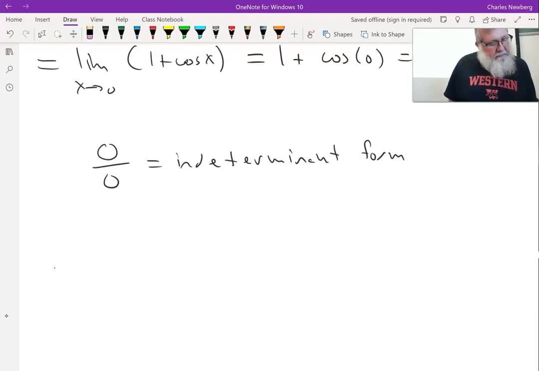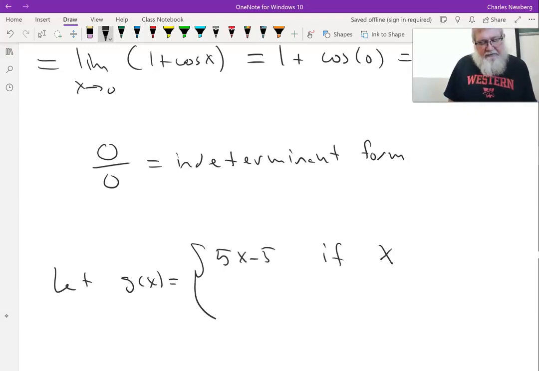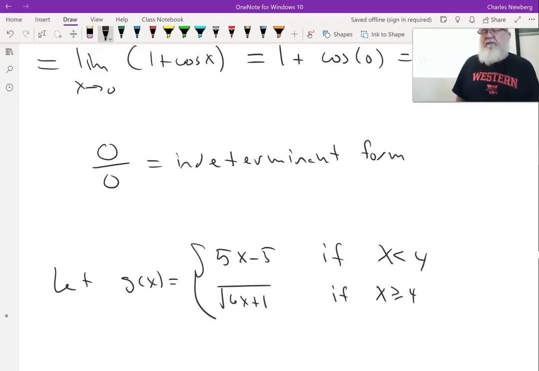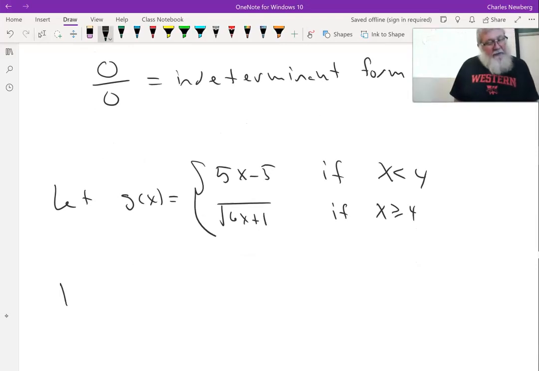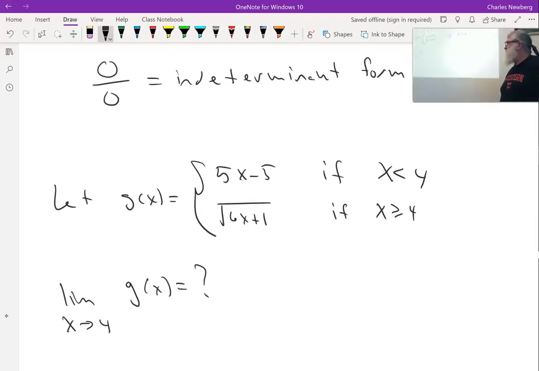Let's let g of x be 5x minus 5 if x is less than 4, and the square root of 6x plus 1 if x is greater than or equal to 4. And what's the limit we are interested in? We're interested in the limit as x approaches 4 of g of x.